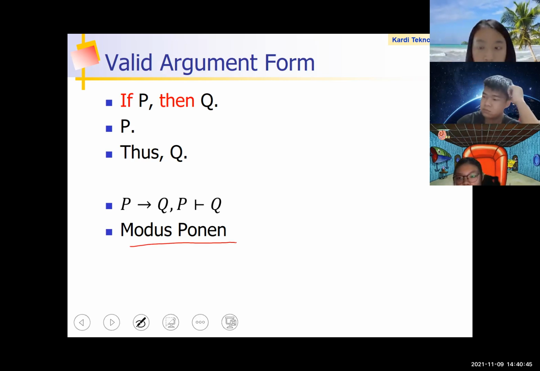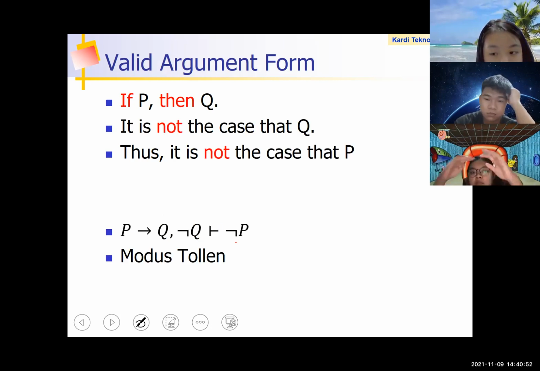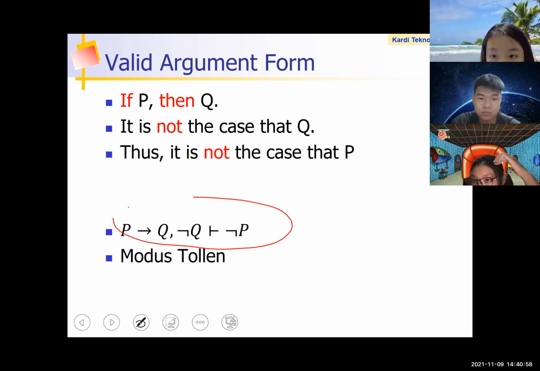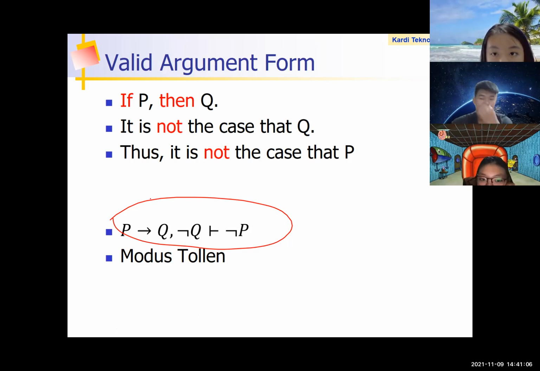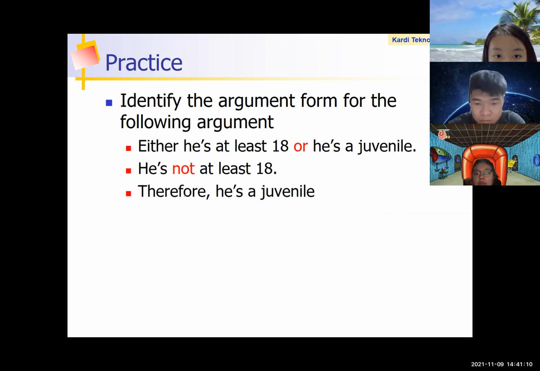There is another form of logic called modus tollens. If P, then Q. Not Q, then not P. This is the form of modus tollens. I hope you remember modus ponens and modus tollens, at least. How about this one?